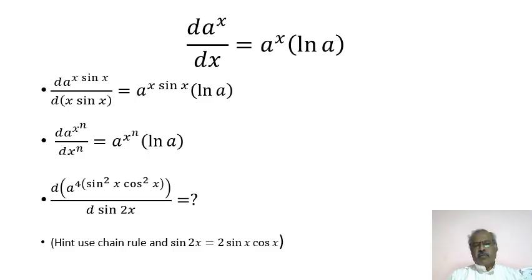Since this would be of the form a raised to x, the derivative of a raised to sine square 2x with respect to sine square of 2x will first have to be calculated for the problem.